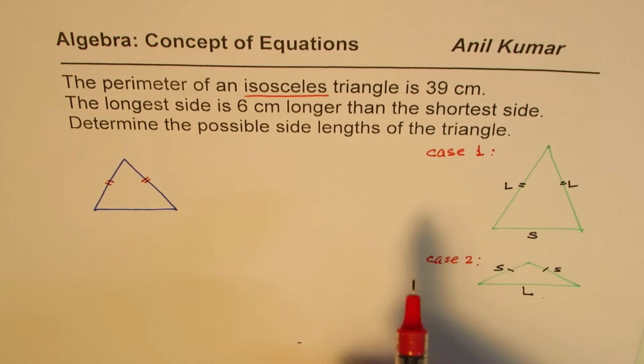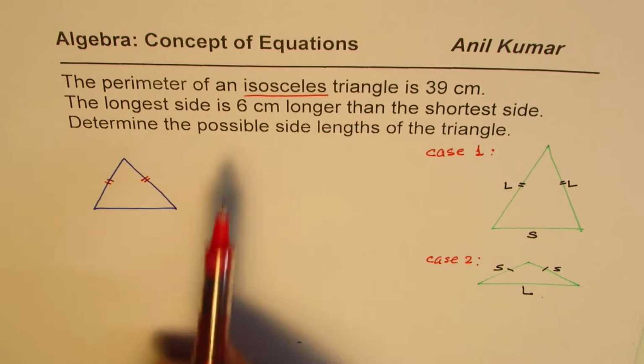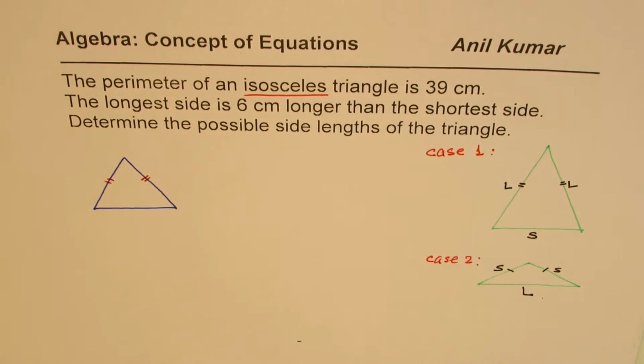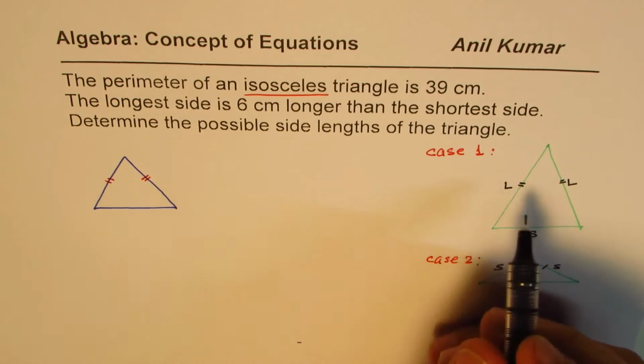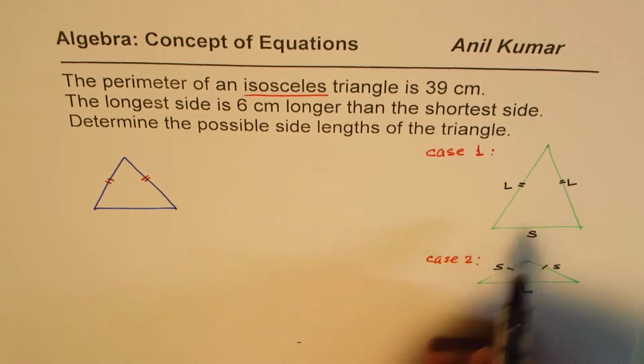Okay. Now let's continue reading. Determine the possible side lengths of the triangle. So from the figure, you can see that we have two possible solutions, correct? Now, the idea is to define our variables, write an equation, and then solve it. So how can we define our variables?